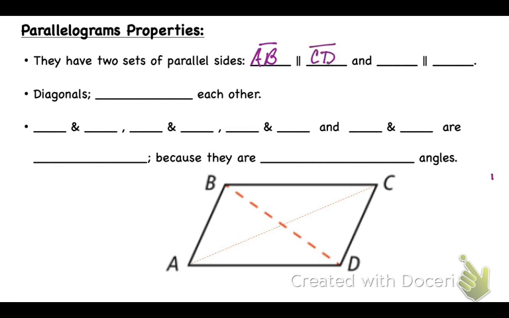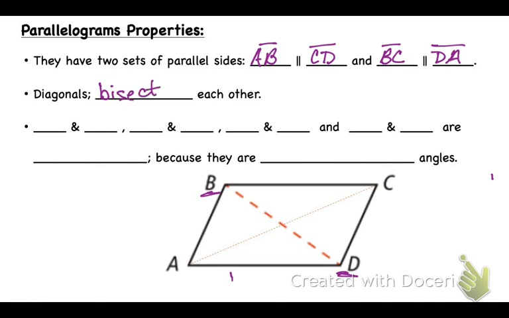BC and DA. We're going to do DA because B and D are congruent, right? Because we know these opposite angles are congruent. Okay, the diagonals what each other? The diagonals bisect. I need to remember that word because I forget it a lot.